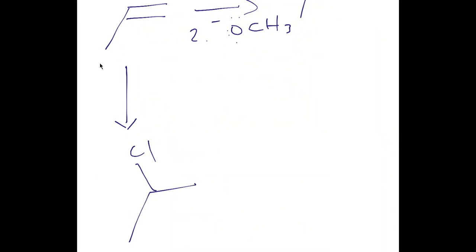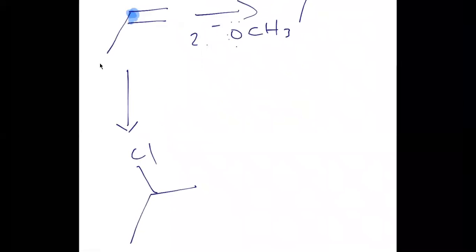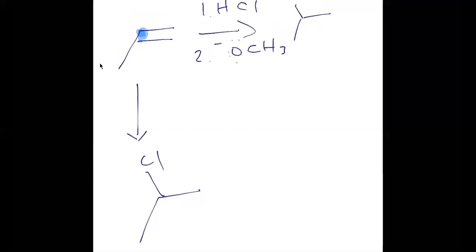Are y'all following? So the chlorine ends up on this carbon. I'm going to tell you why later, so don't panic about not knowing why it's there. And then what this means is that in the second reaction, you see what the OCH3 minus is? This is what is getting reacted on, not the alkene, right?